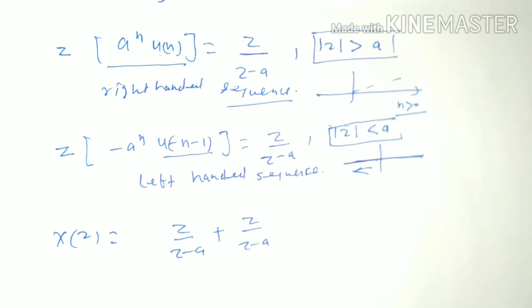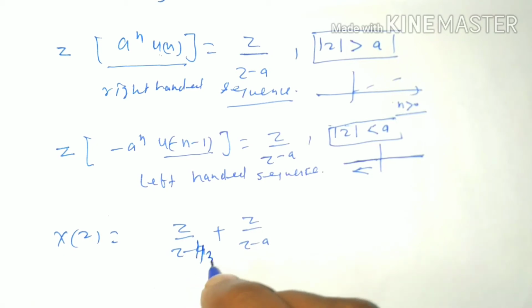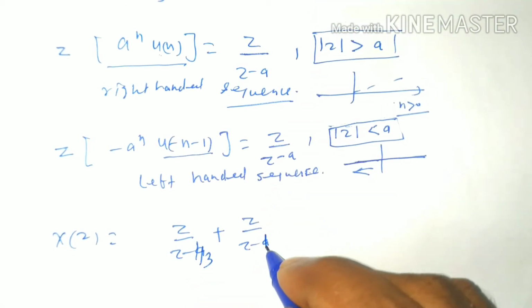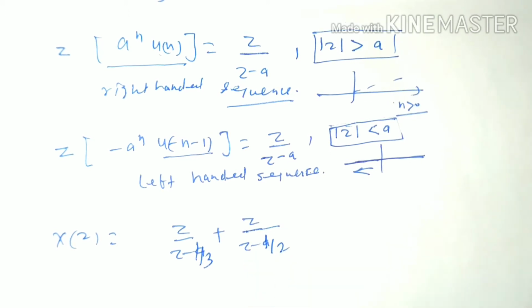Here the value of a is 1 by 3 in one term and 1 by 2 in the other. So its Z transform is Z by Z minus 1 by 3 plus Z by Z minus 1 by 2.